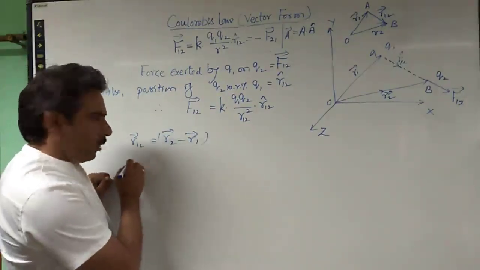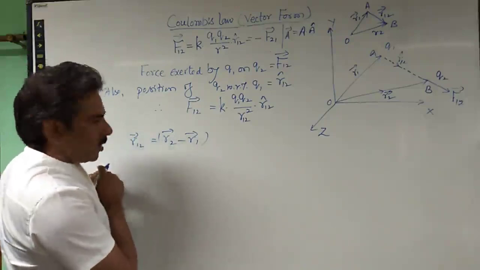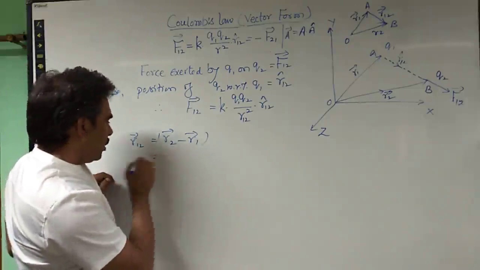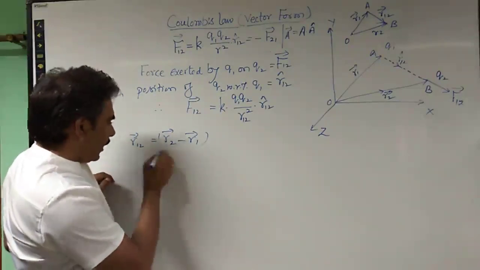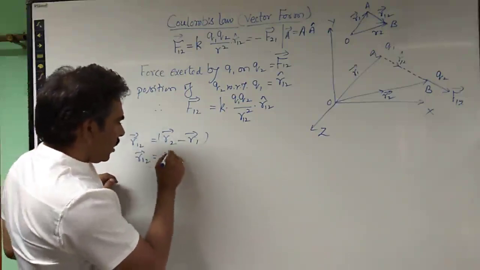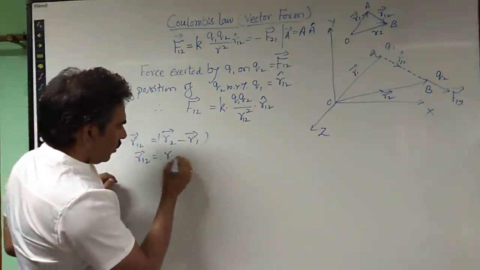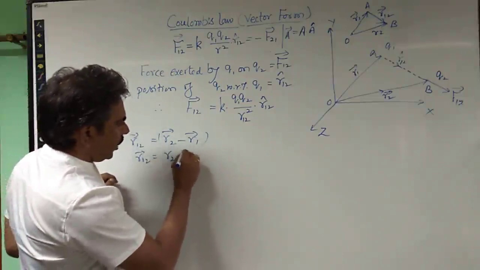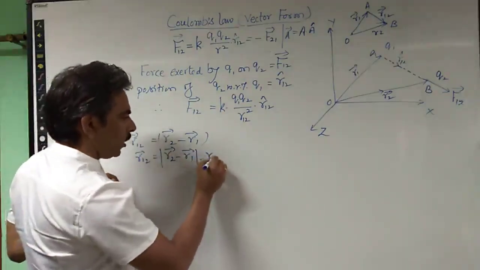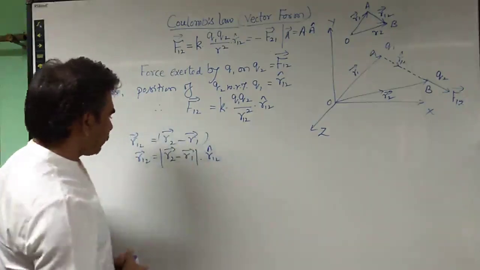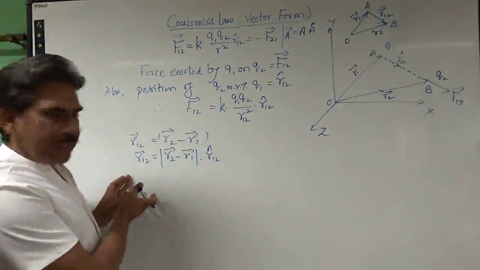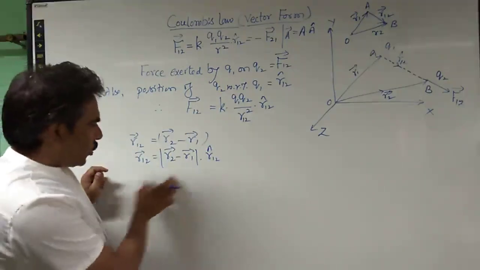If we have to write the unit vector, how do we write it? We have to write the magnitude of this. So R12 vector can be written as the R2 minus R1 vector, its magnitude, and R12 cap. Right? So this is the unit vector. We have to take this to the other side.